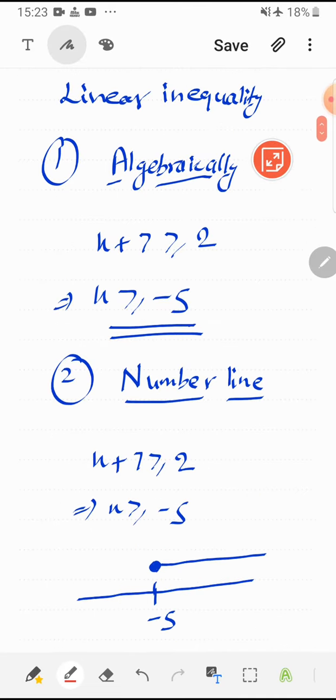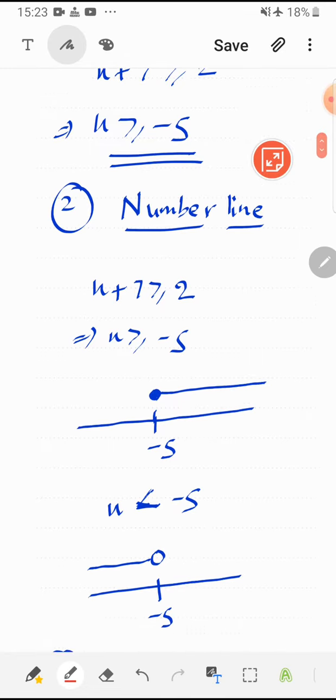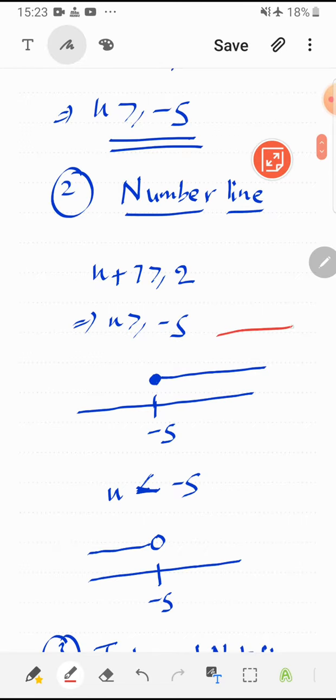Next is the number line. Now what is a number line? No doubt we have seen a number line having 0 in the middle and 1, 2, 3, similarly minus 1, minus 2. But here if I pick the same inequality, x plus 7 greater than or equal to 2, then x is greater than or equal to minus 5, so I have to place only that number, that is minus 5. No 0, no positive, no negative, that's it.